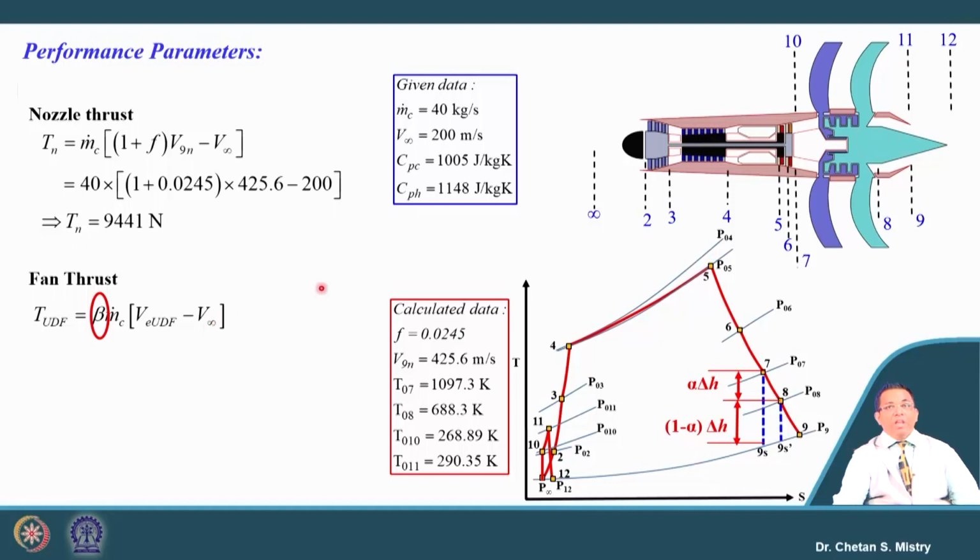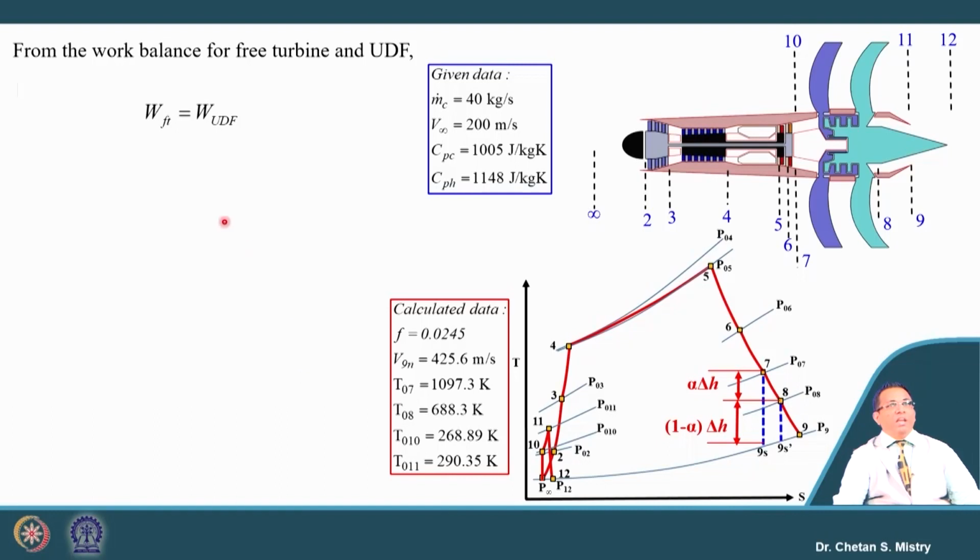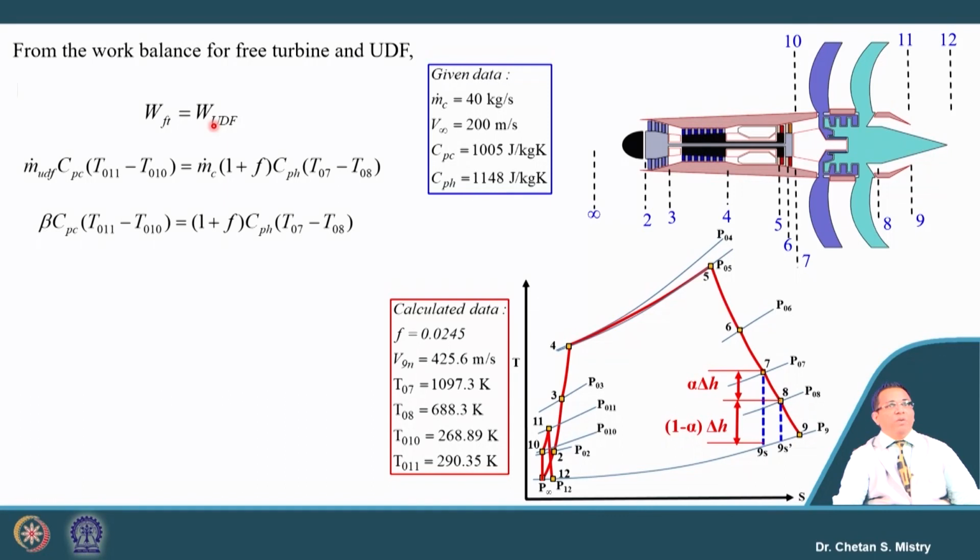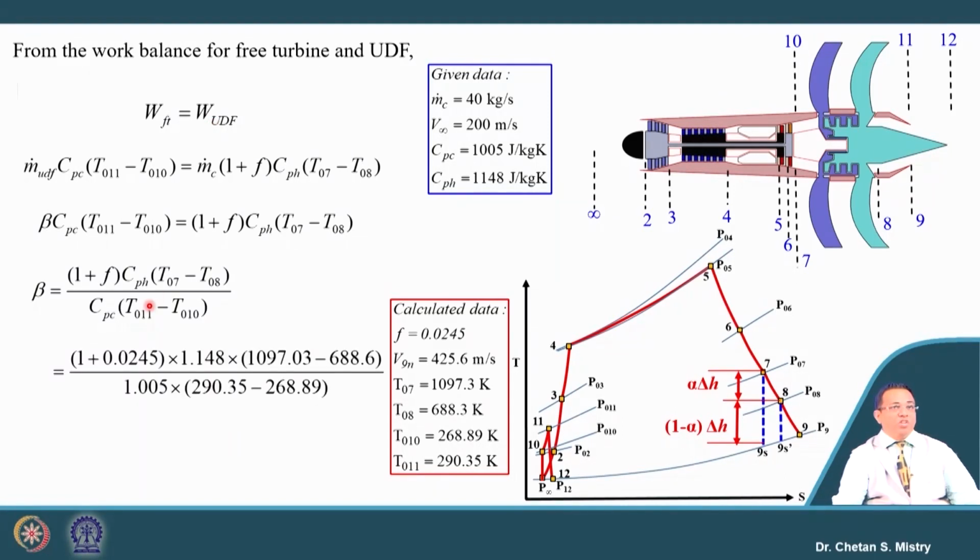We can say the work generated by the free turbine is what is used to rotate these rotors. So, let us do the work balance. The work generated by the free turbine will be equal to the work required by the unducted fan. If we write this equation, it will give us the value of the bypass ratio, and this bypass ratio is coming to be 22.28.